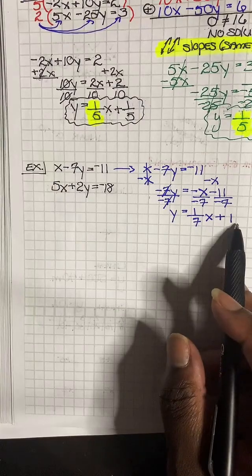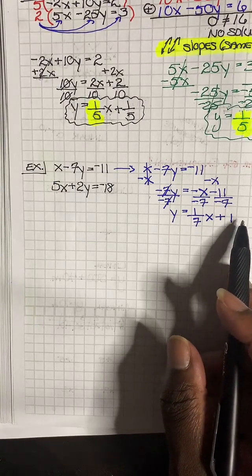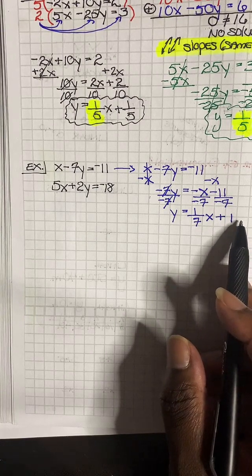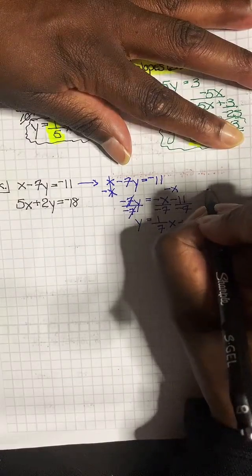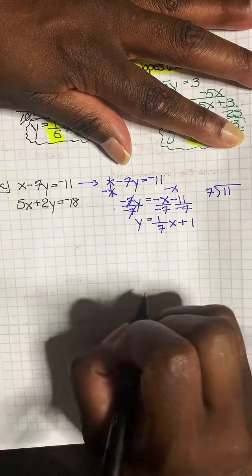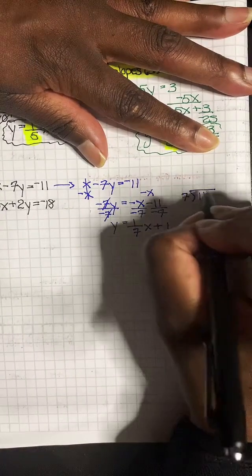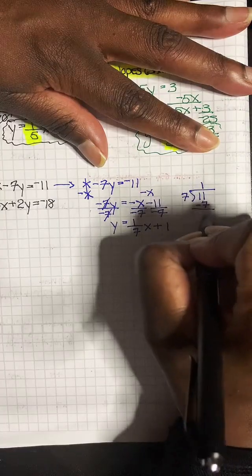So sometimes it's like, all right, if I put a decimal down, because this is what I'm trying to do right here, I'm trying to do 11 divided by 7. So I know that 7 can go into 11.